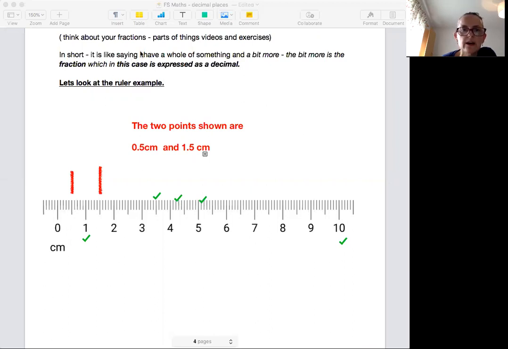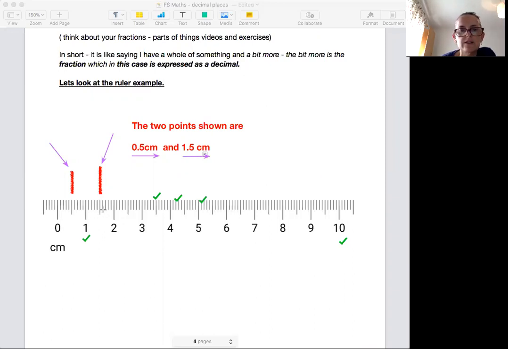And so here, we have this number here, and we have this number here. And this number here is 0.5. So it's a half, so it's less than 1. And we can see that there, that it's less than 1. And then this number here is 1.5. So that's 1 and a little bit. And if we count them, 1, 2, 3, 4, 5, we can see that the line is on the 5.